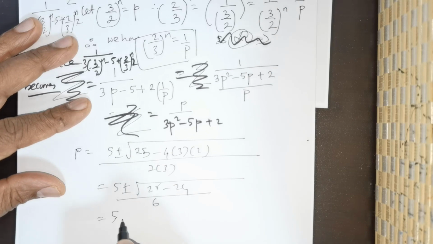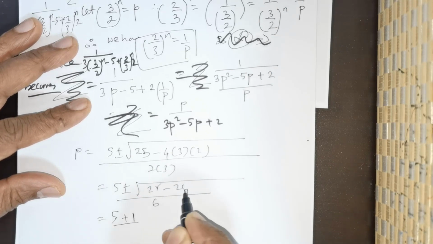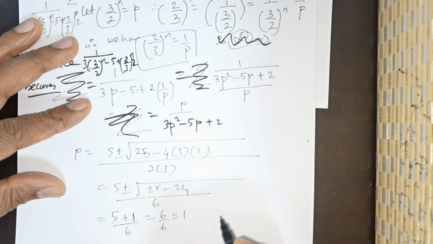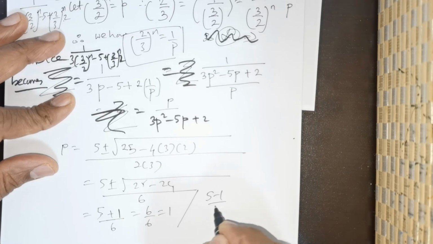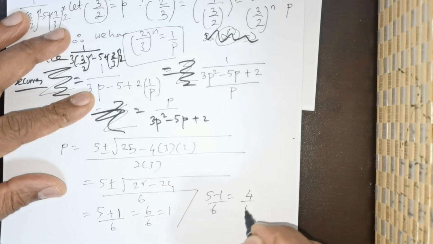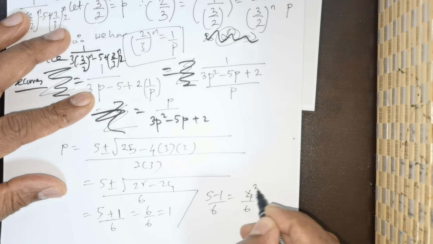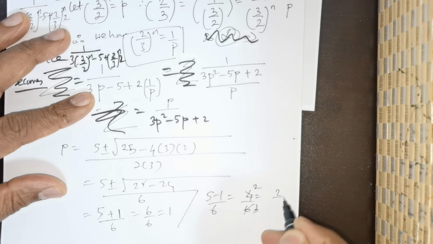I take plus first: 25 negative 24 is 1, root of 1 is 1, so 6 over 6 is equal to 1. Taking 5 negative 1 over 6, which is 4 divided by 6, 2 divides here 2 times and here 3 times, so you have 2 over 3.